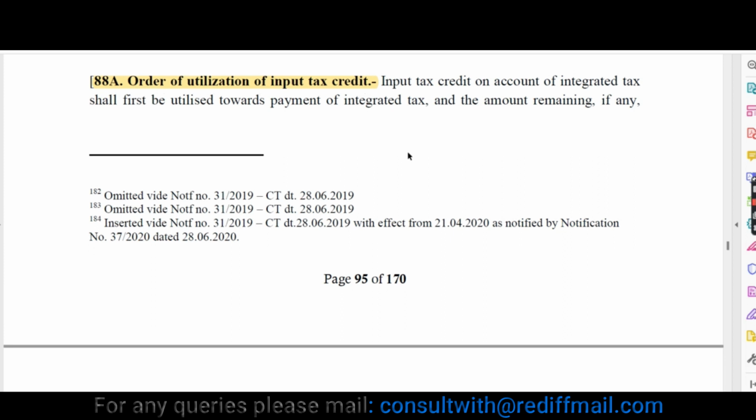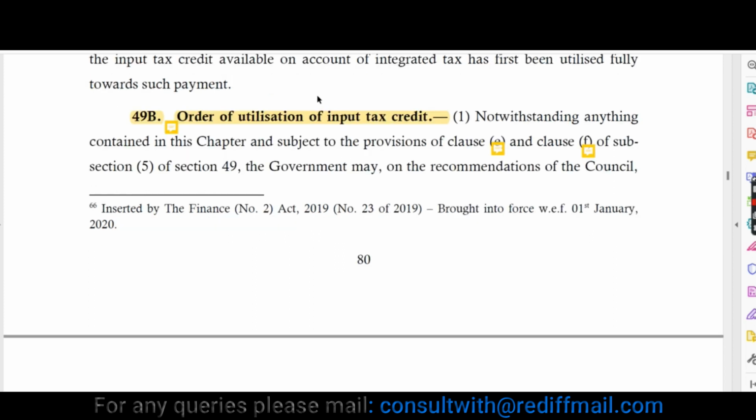What does it say? First, 49B: notwithstanding anything contained in this chapter, that is, Chapter 10, payment of tax. This is an overriding section because it starts with 'notwithstanding anything contained in this chapter', and it overrides this chapter only.